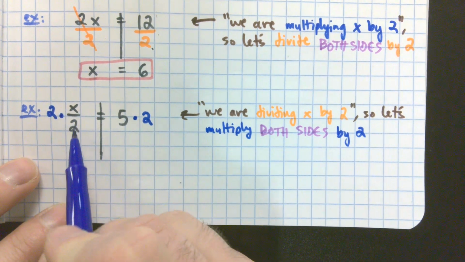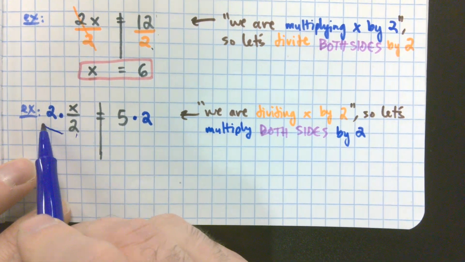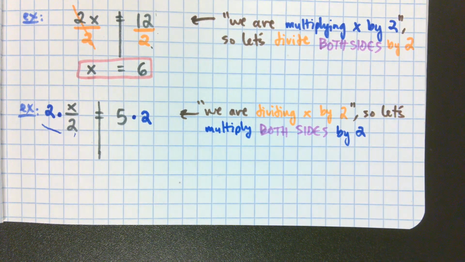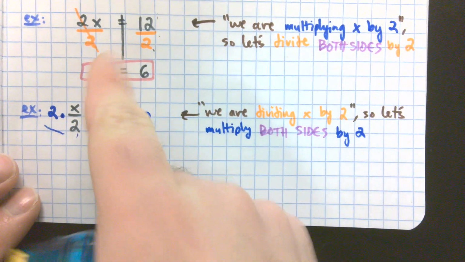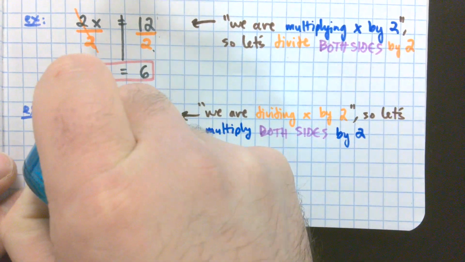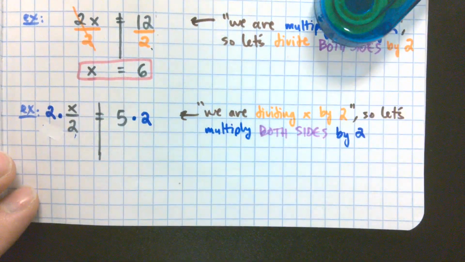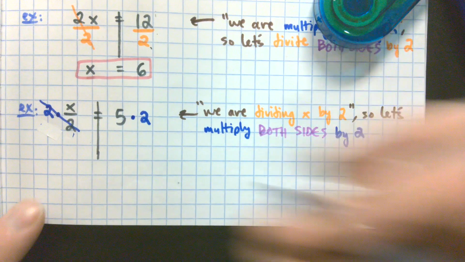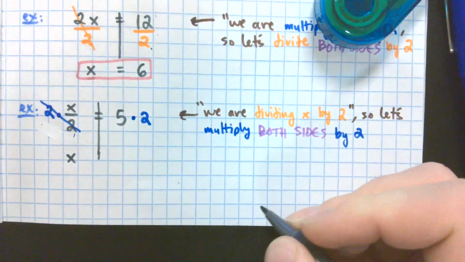We've got a 2x over 2. What can we do with those 2's? Well, what happened in the previous example when we had 2 over 2? We cross them out, leaving us with just x.